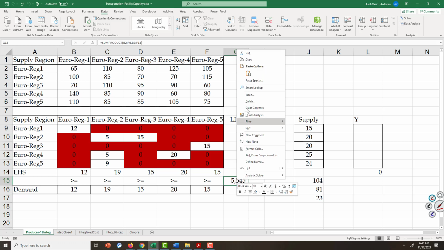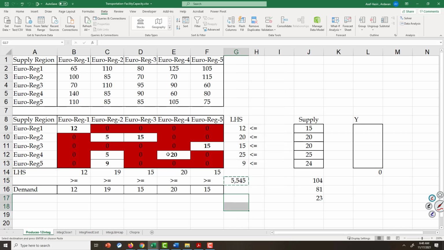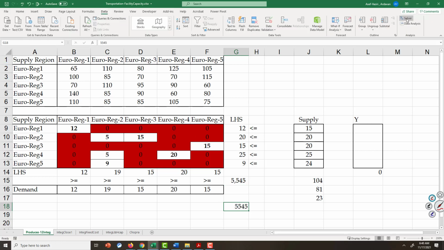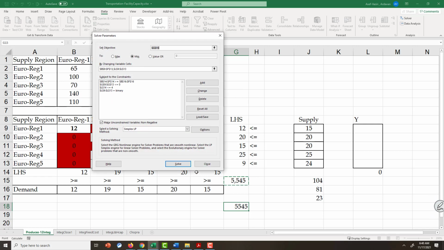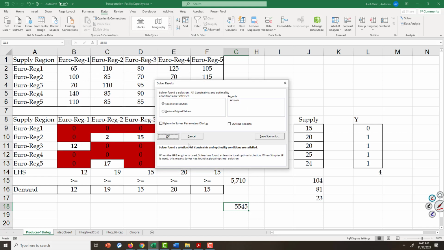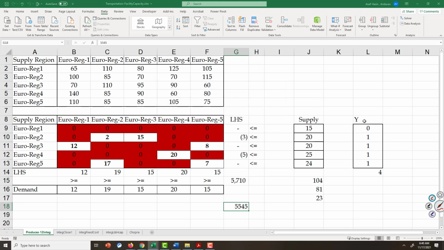Close. Let me copy and paste this here. Solver. Solve. The problem is solved. The first factory is closed.